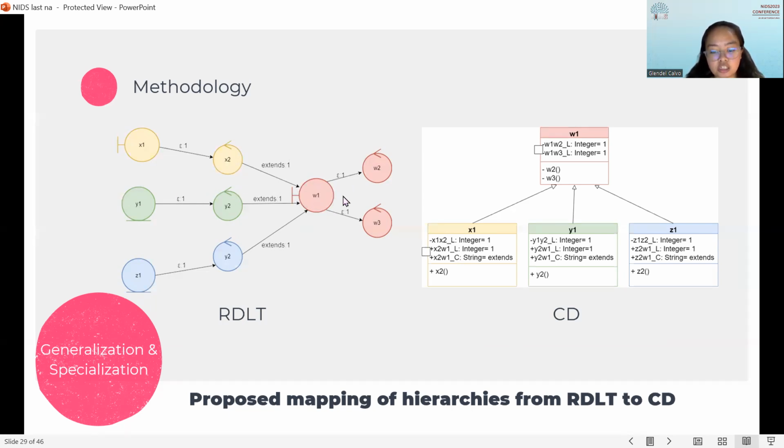The C condition indicates that the children or specializations are based on generalization or the parent. On the second figure, the CD mapping of the RDLT representation is shown. The class W1 is the superclass and the classes X1, Y1, and Z1 are the subclasses.